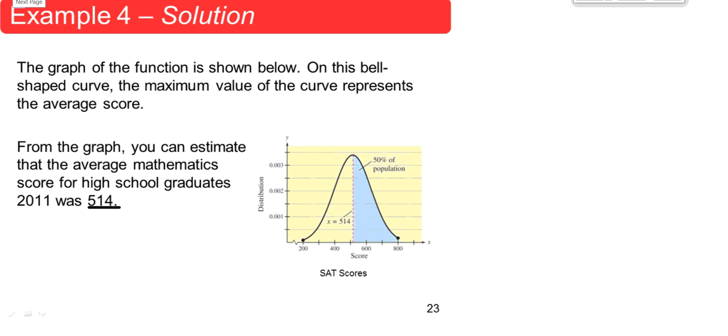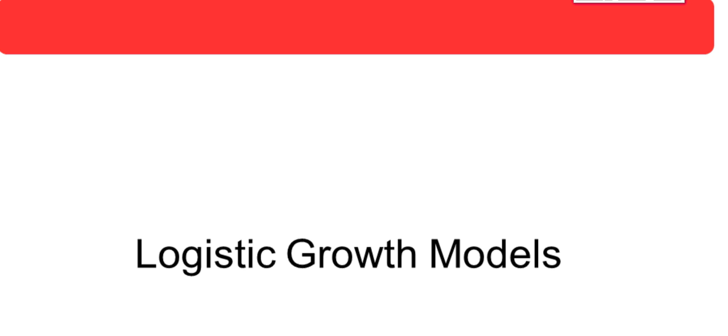And then our next one is the logistic growth model. This is where it's kind of exponential growth, but it isn't going to grow without bound. Maybe there are parameters that are going to keep that exponential growth from surpassing some value.